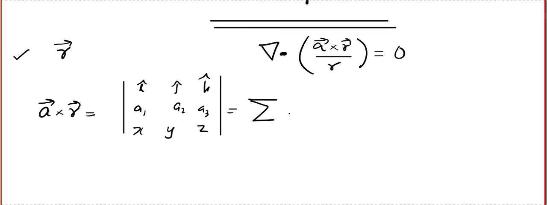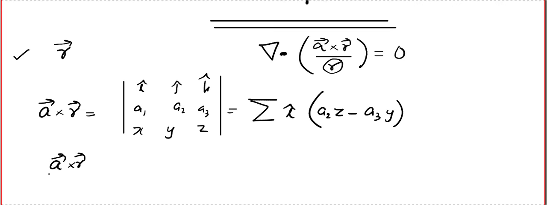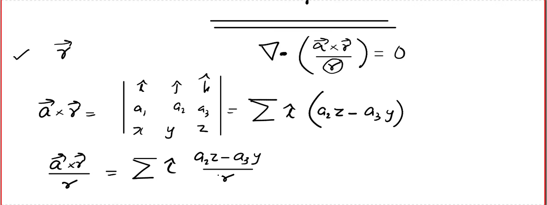And use the power of our summation notation. Now they are asking you to divide by the scalar value r. So we get a cross r by r. So basically each term of the vector will be divided by r. So we can take it inside the summation. a2z minus a3y divided by r.